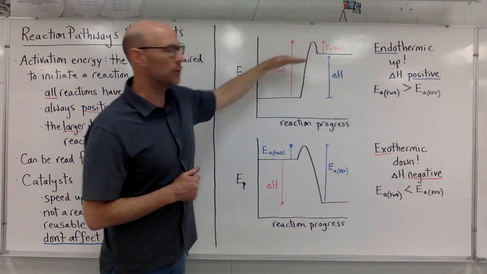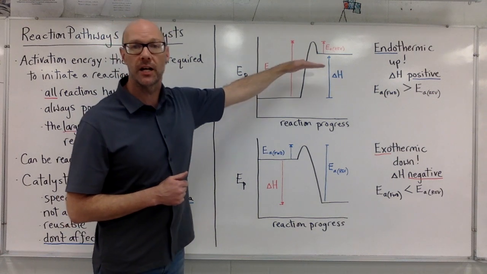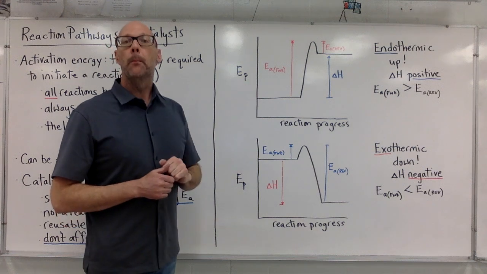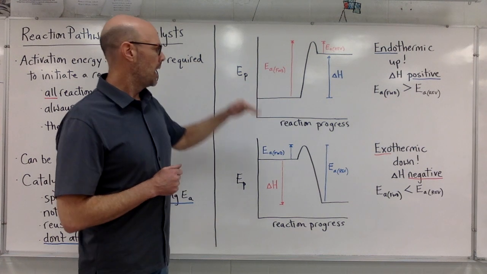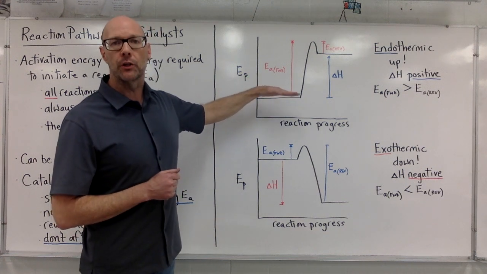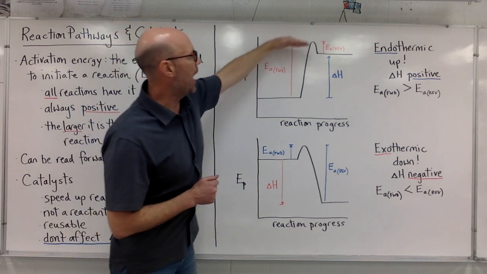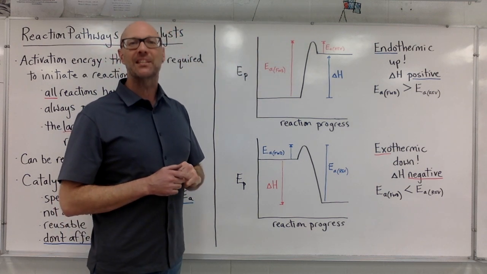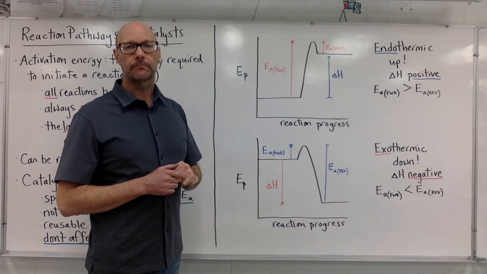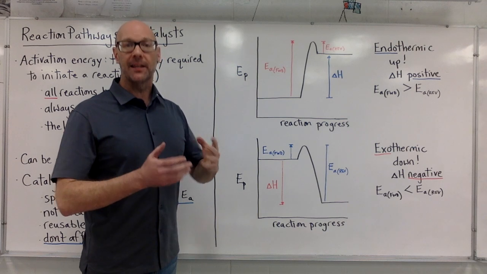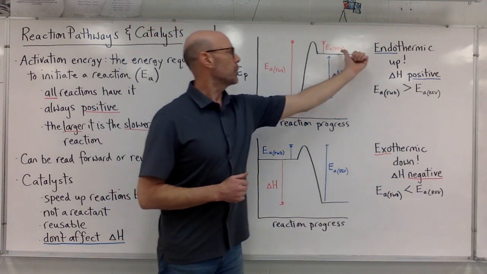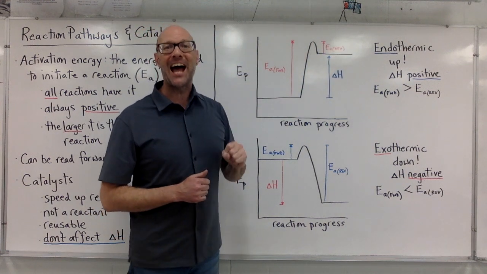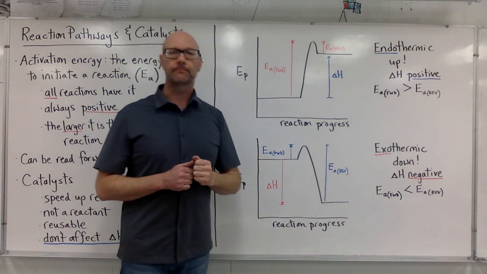The distance between those two horizontal lines is the delta H, the enthalpy change, the change in potential energy. But from that first horizontal line, from the reactants up to that first peak, is what we call the forward activation energy. If we're reading the graph in the opposite direction, starting from the products, then we have the reverse activation energy.